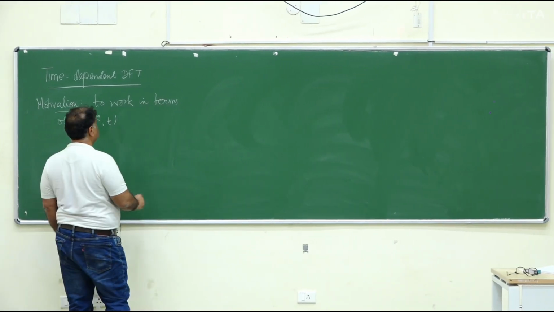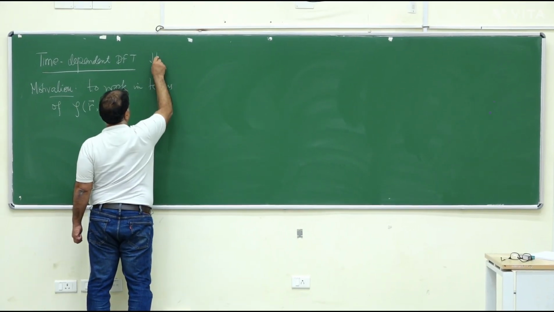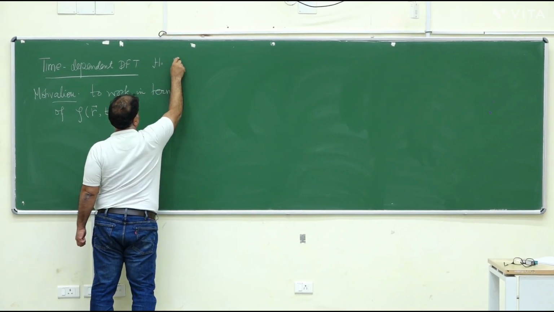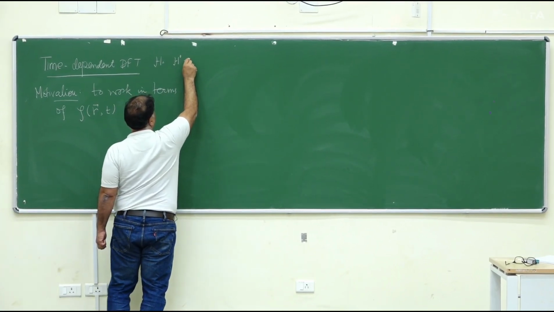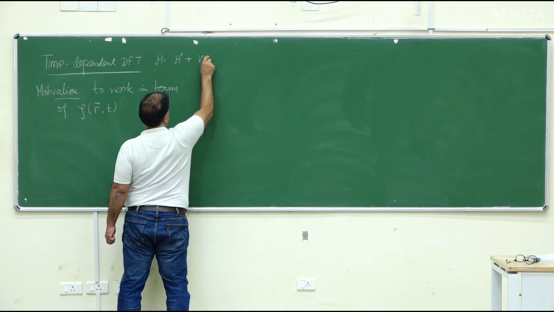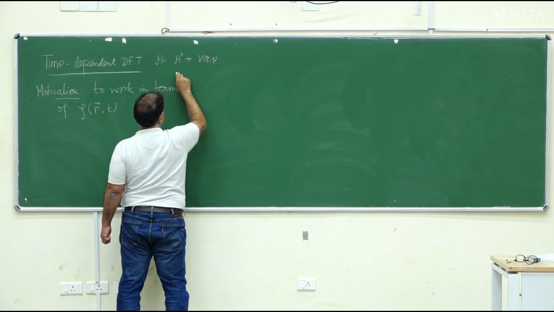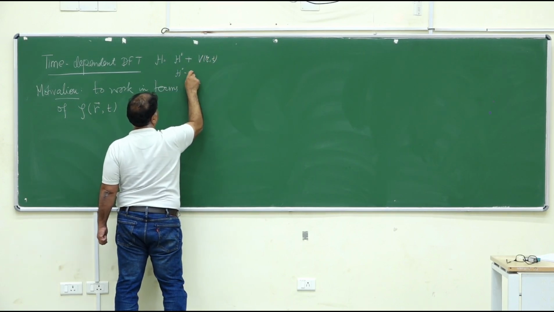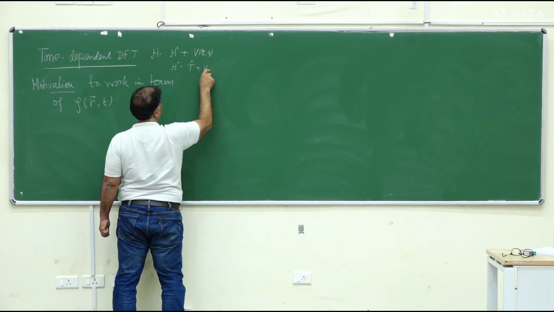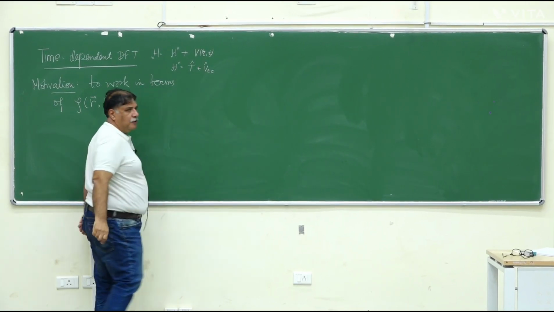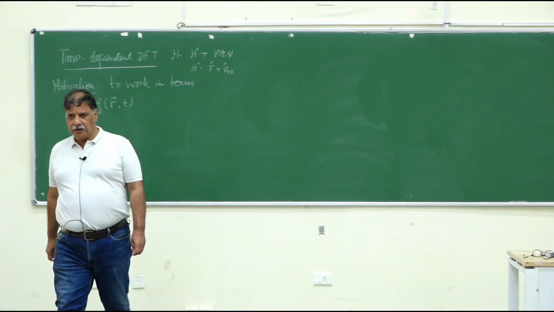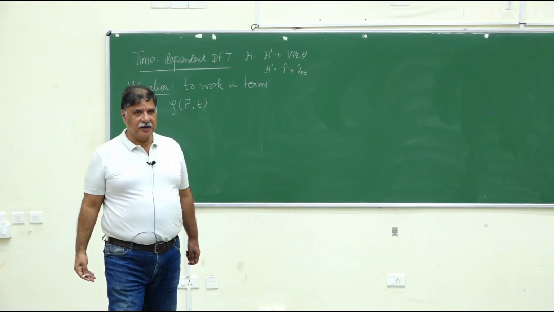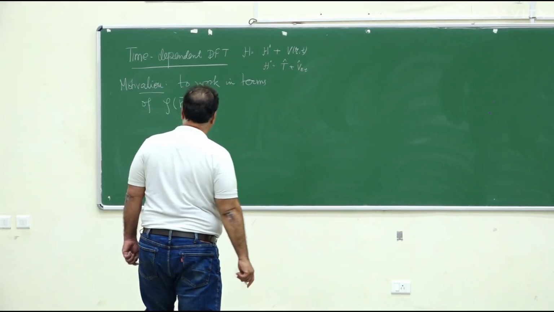Right, so the Hamiltonian here is some h0 plus v(r,t), where h0 I'll take as the T operator plus the V operator. So I have a time dependent potential, and therefore the density becomes time dependent, right?